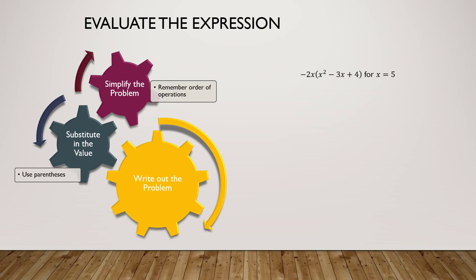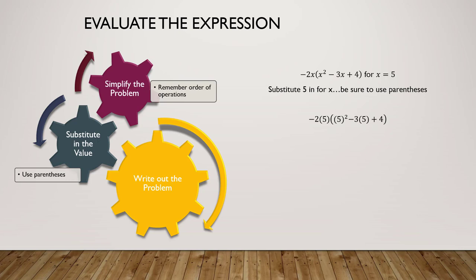In our second example, we have -2x times the quantity x squared minus 3x plus 4, for x equal to 5. We're going to substitute 5 in for x, being sure to use parentheses. This gives us -2 times the quantity 5, opening parentheses, the quantity 5 squared minus 3 times the quantity 5 plus 4.